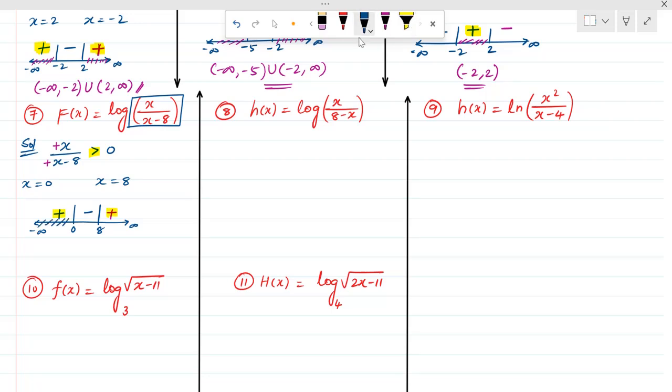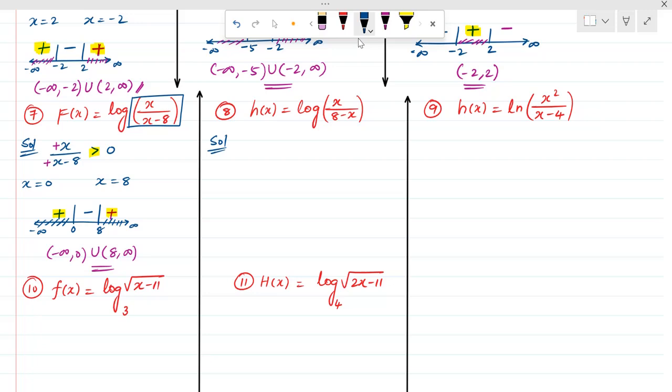This one and this one. Now what is the domain? Domain is minus infinity comma 0 union 8 comma plus infinity.